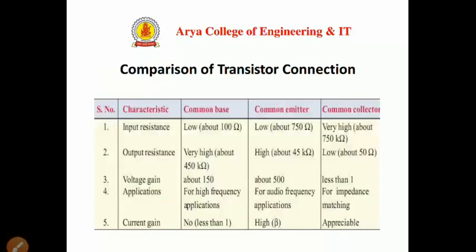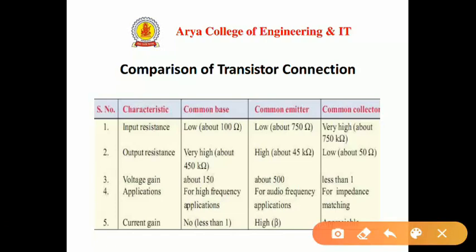We have a comparison table for different configurations. We have some characteristics like input resistance, output resistance, voltage gain, applications and current gain also. And we have the different configurations: common base, common emitter and common collector. So first characteristic, input resistance, is low, about 100 ohm in common base, and also low, about 750 ohm in common emitter, and very high for common collector.